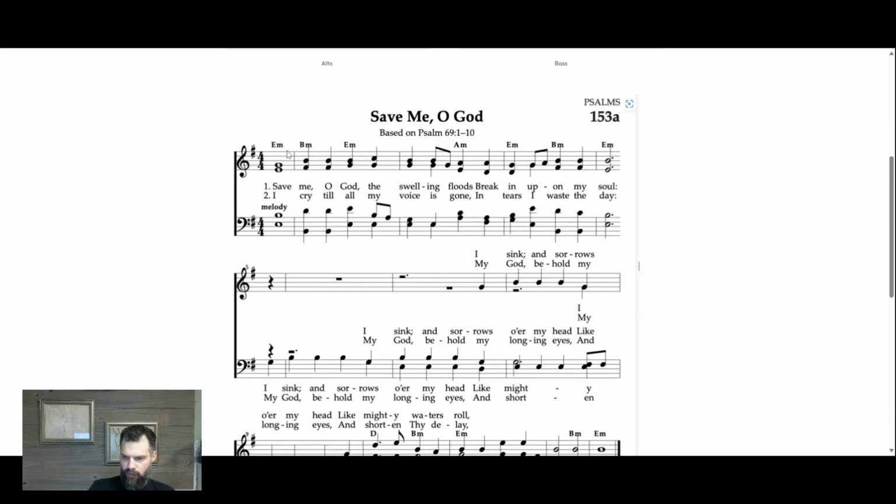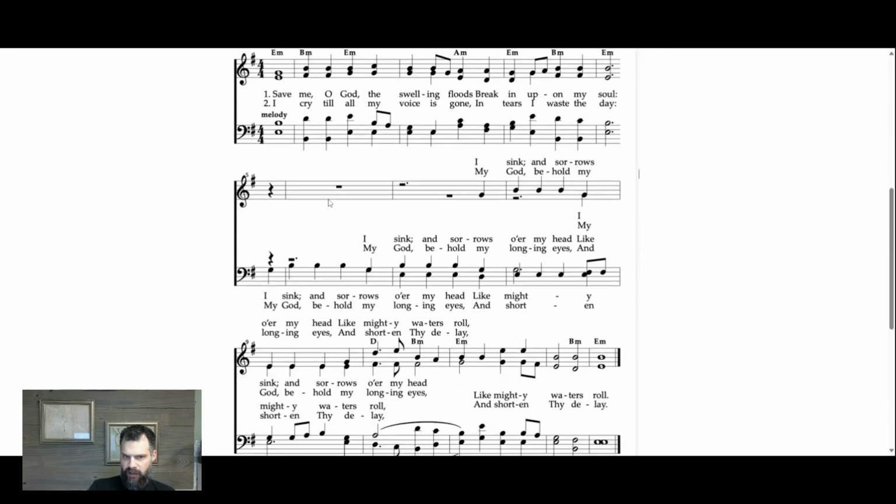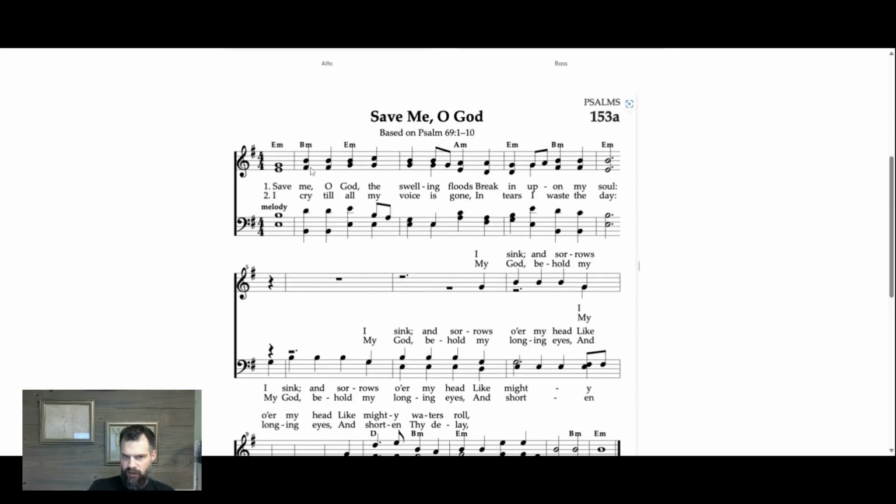The topmost line on the G clef is the soprano, and the line underneath that here, that is the alto. And for the F clef, the topmost line up here, that's the tenor, and the line underneath that is the bass. So we have soprano, alto, tenor, bass.